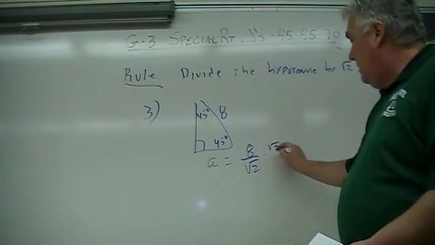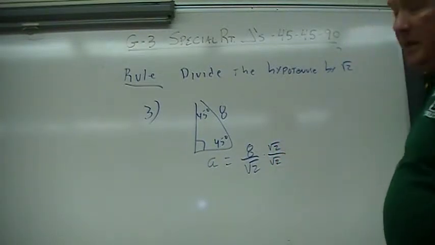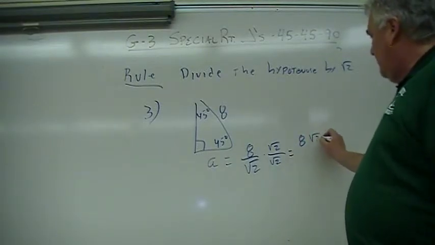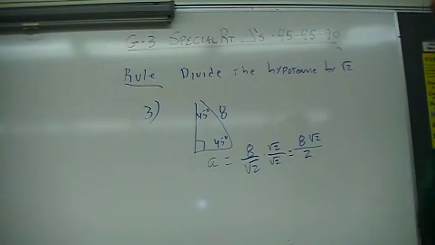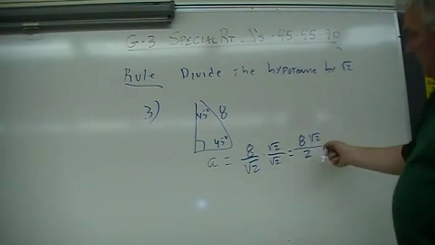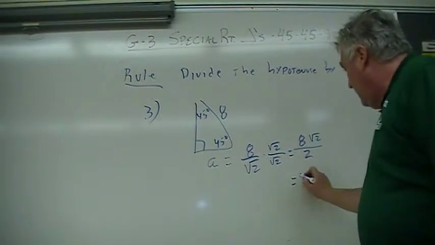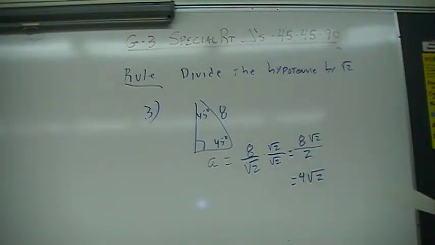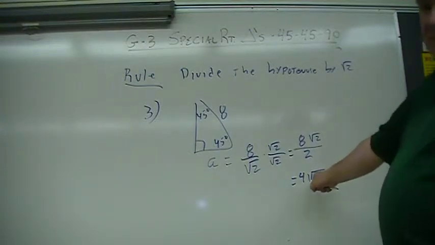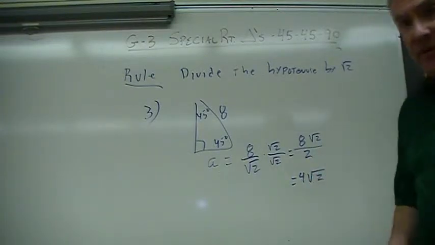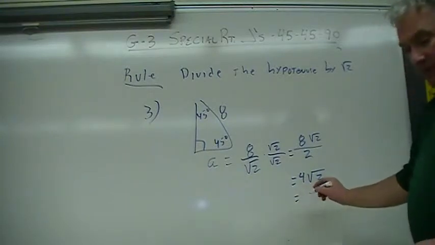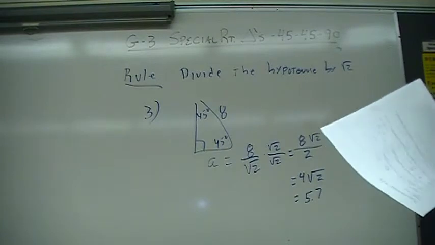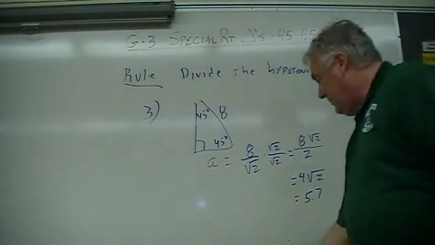So we multiply square root of 2 over square root of 2. We get 8 times the square root of 2 all over 2. Oh, 8 over 2 reduces to be 4. So our answer for that is going to be 4 times the square root of 2. If you want to do it with your calculator and multiply that out, you would get 5.7. Okay, so that was example number 3.